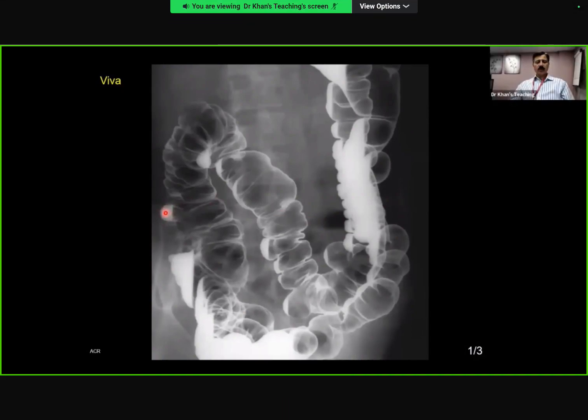You have picked something up here. And what do you think about this thing? There are multiple, going from the transverse, ascending and then all the way, and I can't see any in the descending. And there's pooling of contrast in them, so it makes me think whether these are diverticuli or polyps.